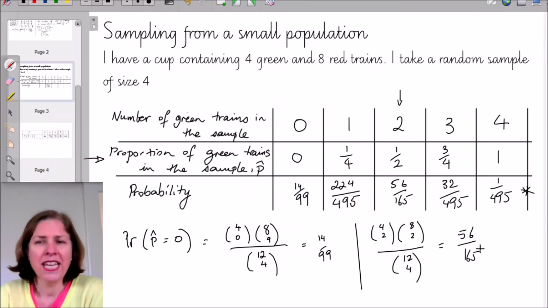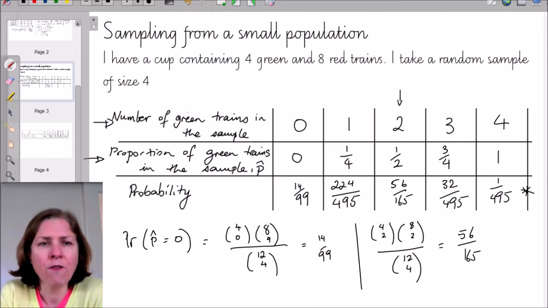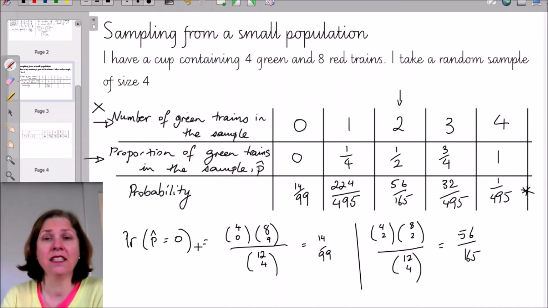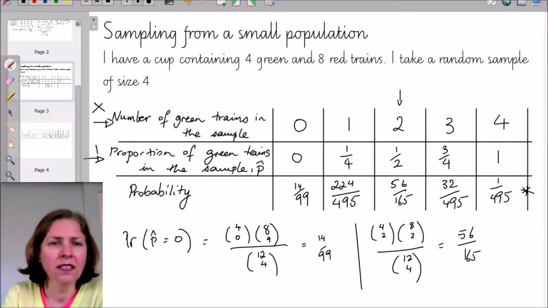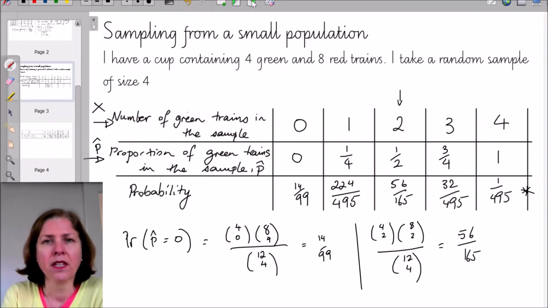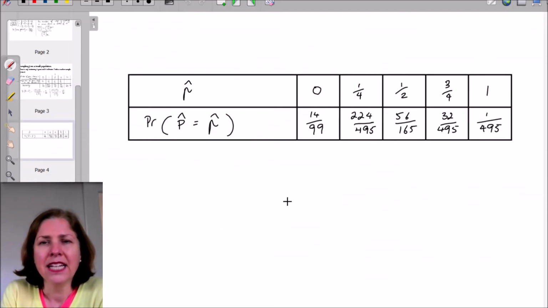And so what I've got here looks very much like the distributions that we've been seeing before. Here I've got my discrete variable x, which is the number of something, in this case the number of green trains in my sample. And here I've got p hat. So what we get then is the proportion distribution, which looks like this.